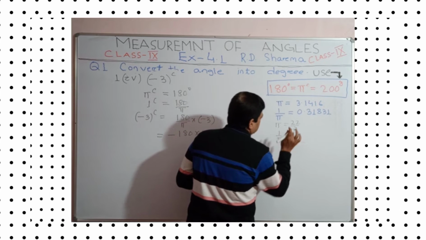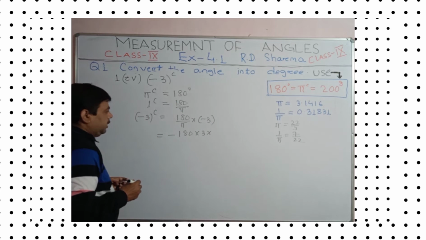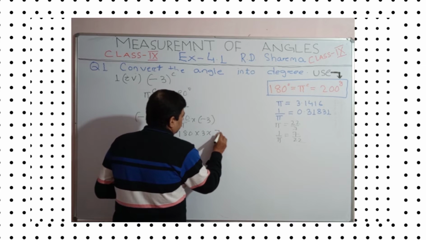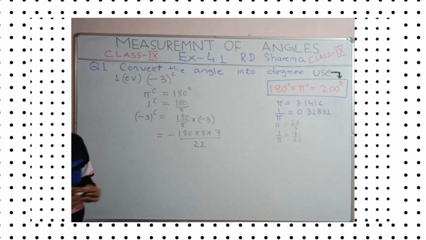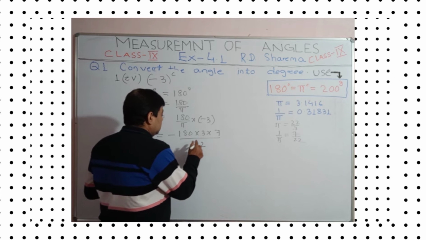Can you use or not? Yes, so 1 by pi is equal to 7 upon 22. Okay, is it clear?